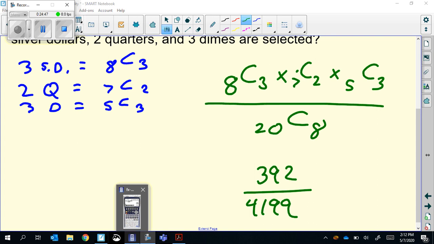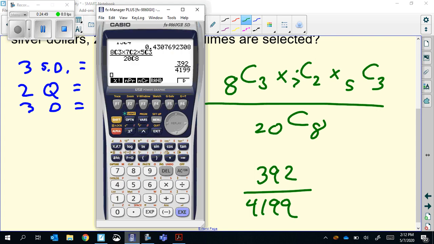And again, if you wanted the odds of that, this is such an obscure kind of question anyway, but if you wanted it as a percent, just change it. It's a little bit over 9%.